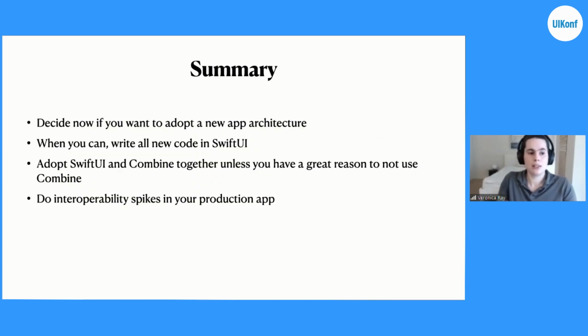So in summary, I have 4 key pieces of advice to send you off with. So now is the time to decide if you want to adopt a new app architecture. And now is the time to adopt that new app architecture if you feel comfortable adopting it with UIKit. With MVVM, there's a lot of resources and already a lot of history around adopting MVVM with UIKit.